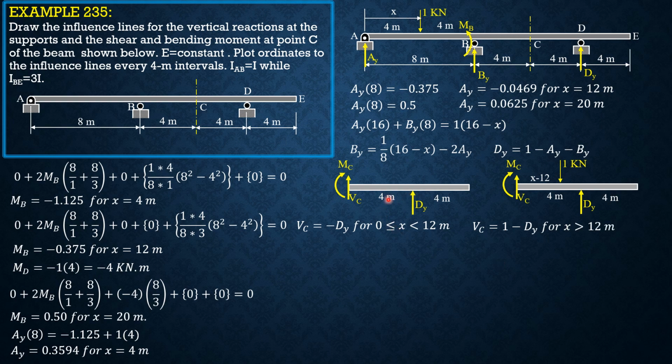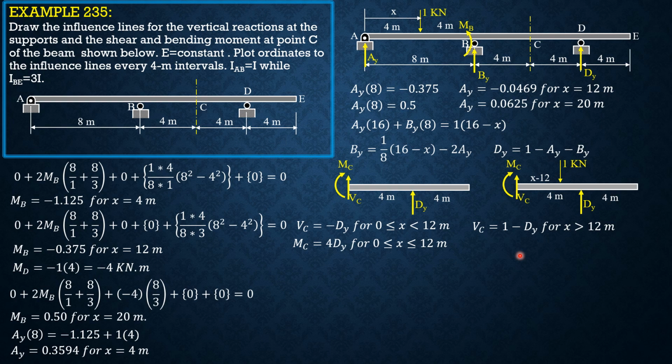Then for moment, summation of moments about C equals 0, M sub C equals dy times 4, or M sub C equals 4 dy for 0 less than or equal to x less than or equal to 12, so including 12 for moment.